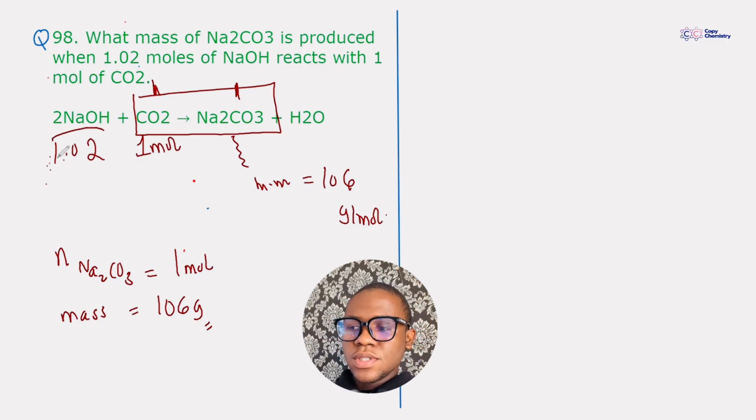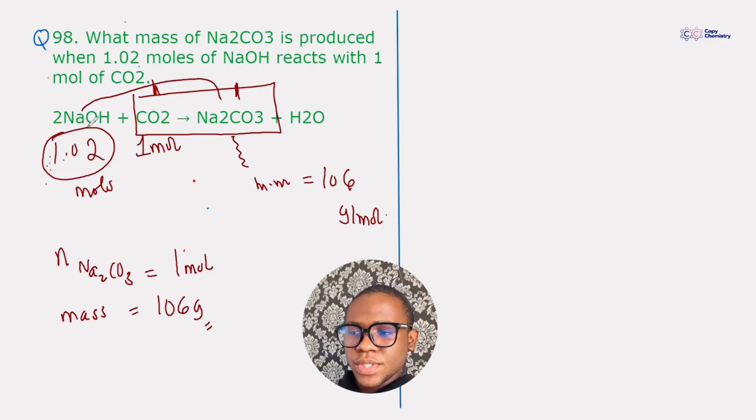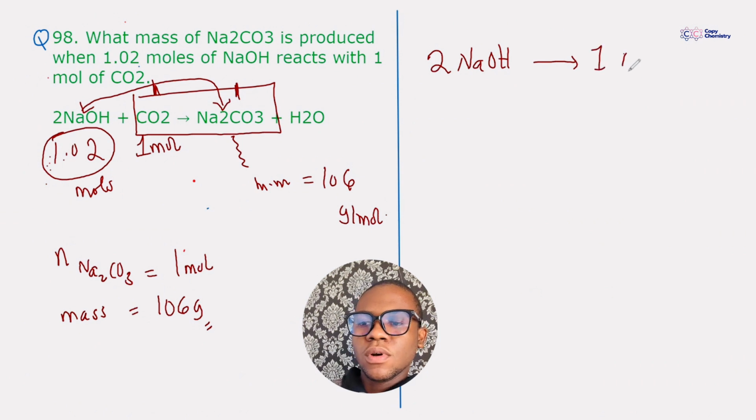If I had used this 1.02 moles that was given, and compared the NaOH with the Na2CO3 this time around, this is a different thing now. I would say 2 moles of NaOH produces 1 mole of Na2CO3.